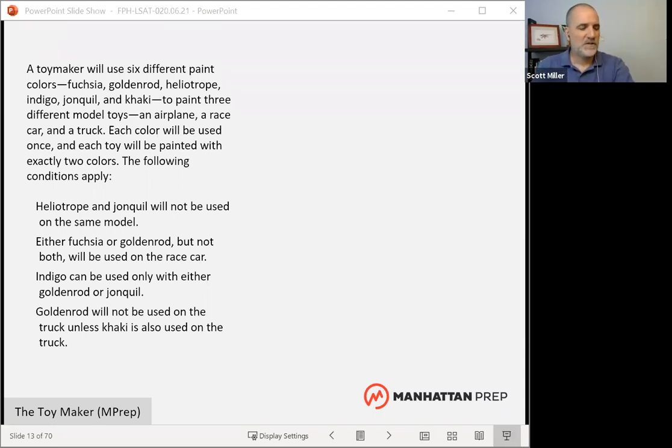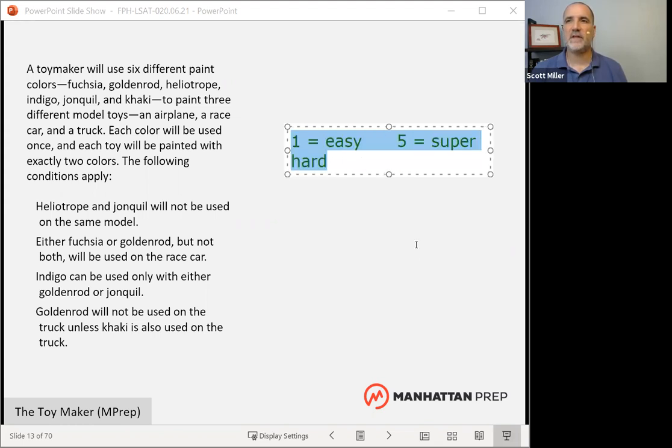Okay, let's pause here for a second. I'd like everybody, if you would, in the chat window, on a scale of 1 to 5, with 1 being easy and 5 being super hard, how challenging are you finding just the general setup, understanding the game, maybe creating some kind of diagram for the game?